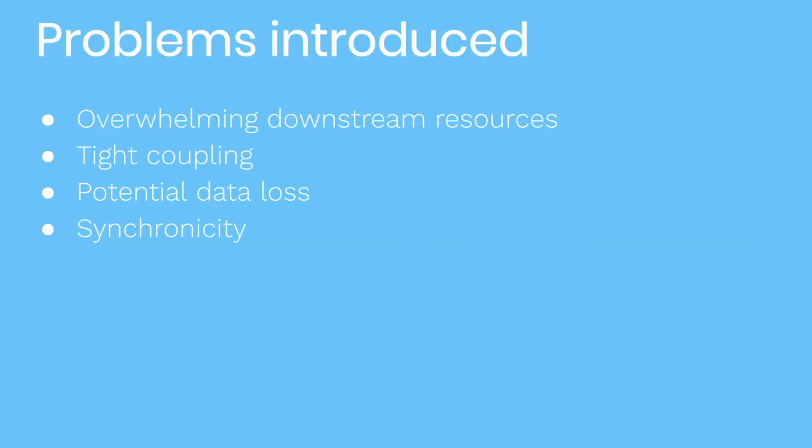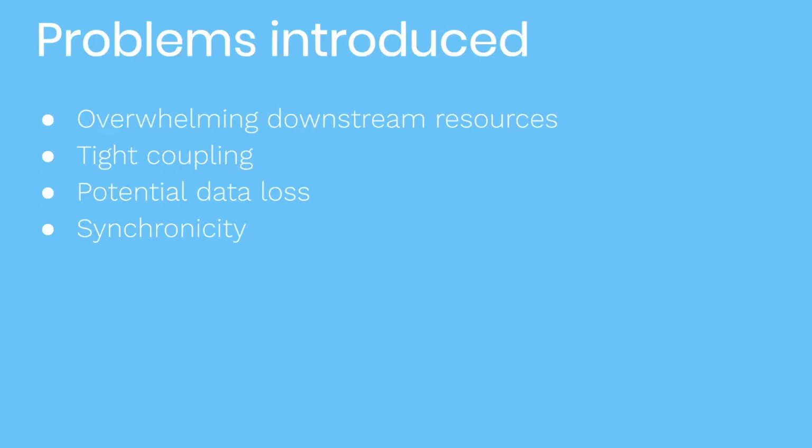And while it is possible to provision a larger instance size that can accommodate more incoming connections, we still have this problem of tight coupling. And with tight coupling, we have a potential for data loss with any downtime if the EC2 instance were to temporarily stop running. So we need to introduce some fault tolerance to our system.